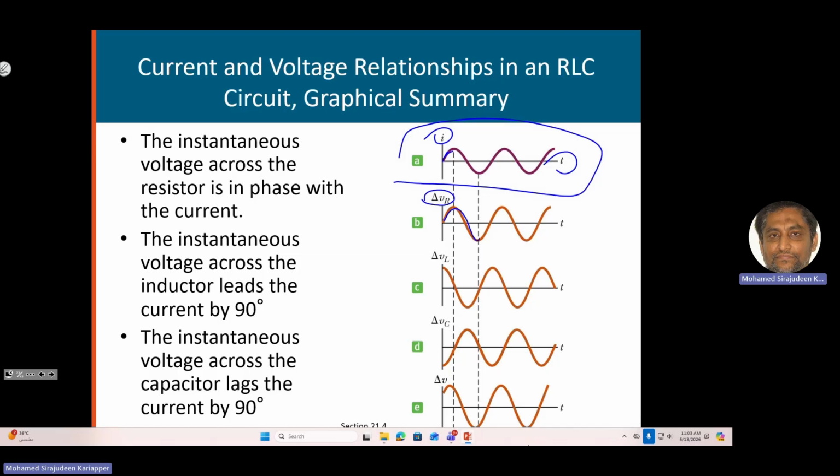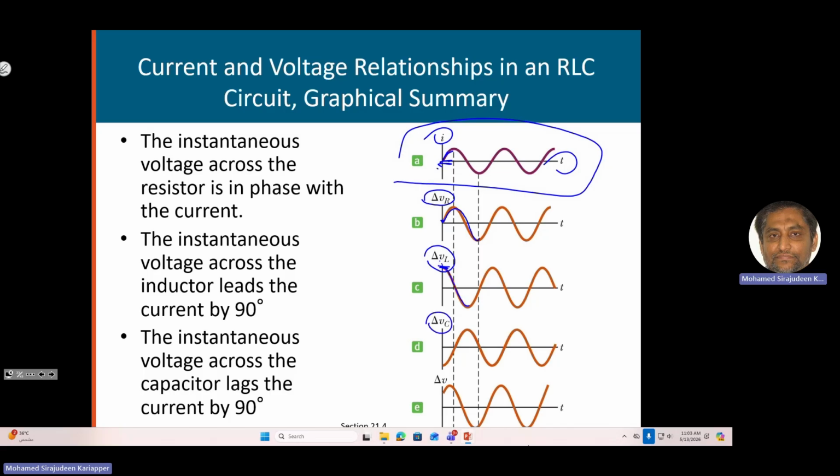There is no phase difference, it will be in phase. The potential difference across the inductor will be ahead. When current is 0, the voltage is already maximum. It is ahead, 90 degrees, plus 90 degrees.